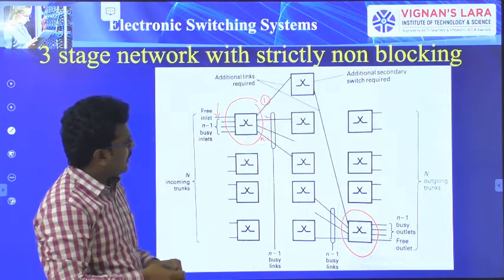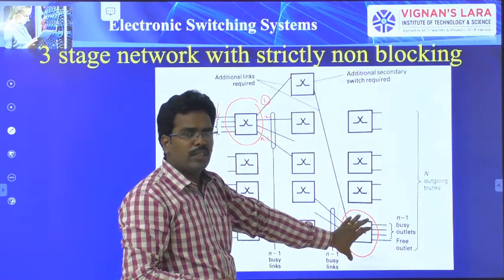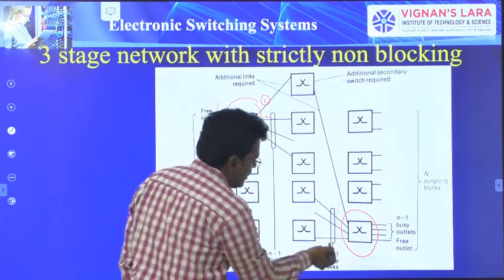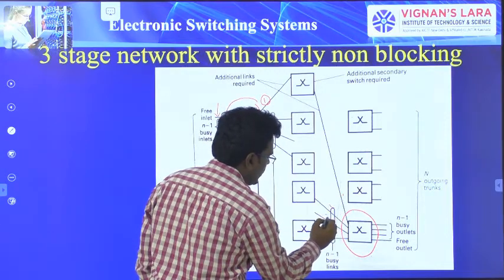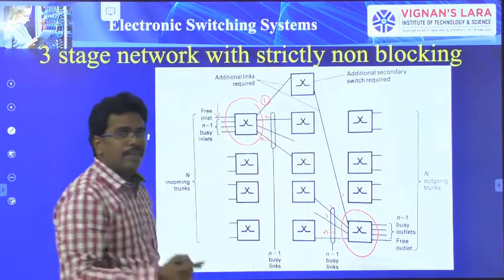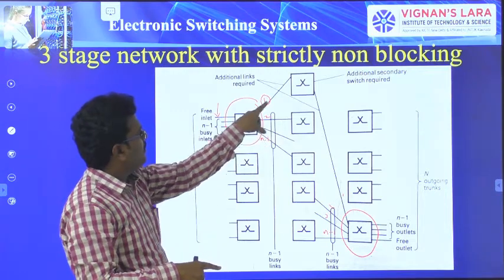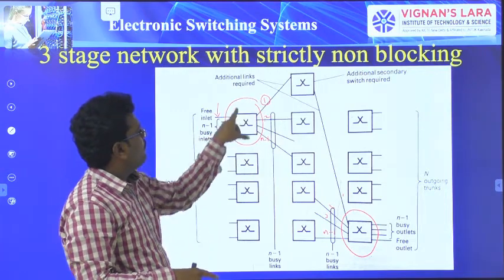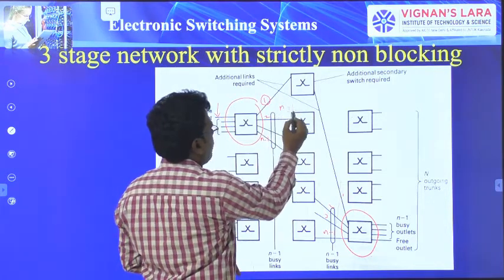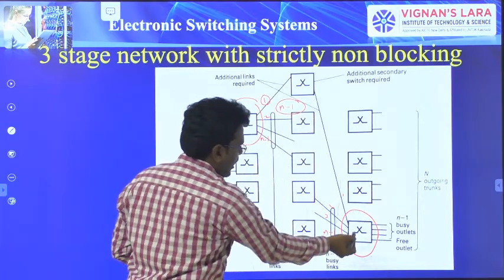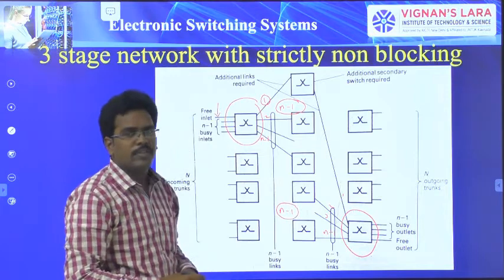At the same time, suppose the ternary switch chooses different secondary switch outlets than the outlets of your first stage: this is 1, this is 2, 3, up to n-1. That means they are connected to n-1 different secondary switches, and this side is also connected to n-1 different secondary switches.